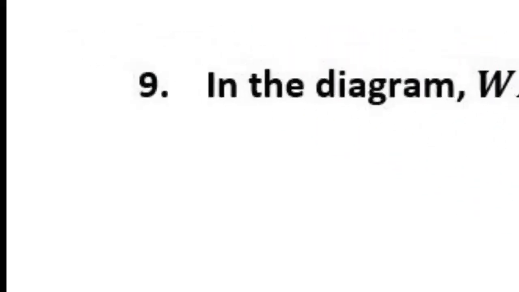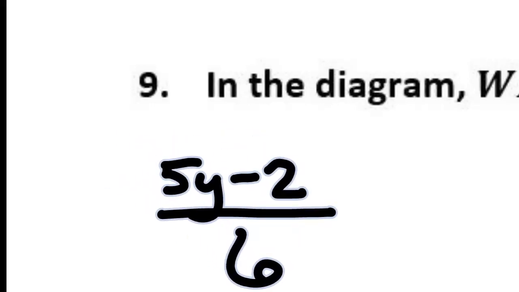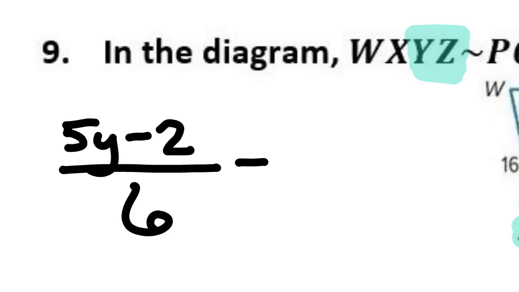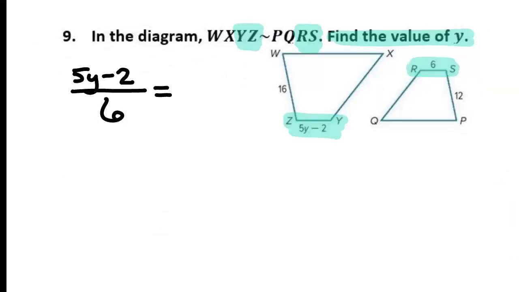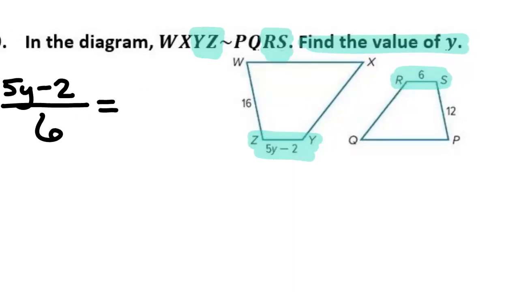So I have 5y minus 2 over 6. There's one of my proportions. That is equal to, since I know they're similar, I know it has to be equal. I have this side right here, WZ.